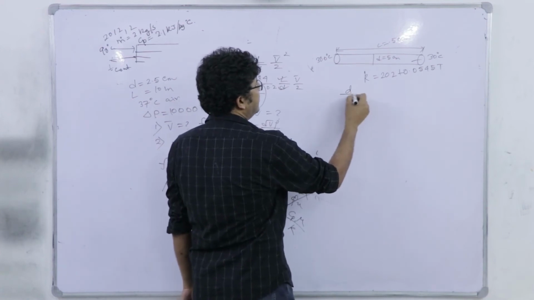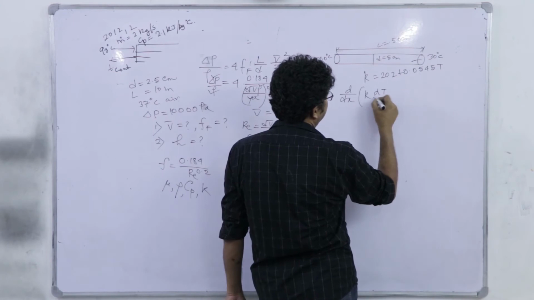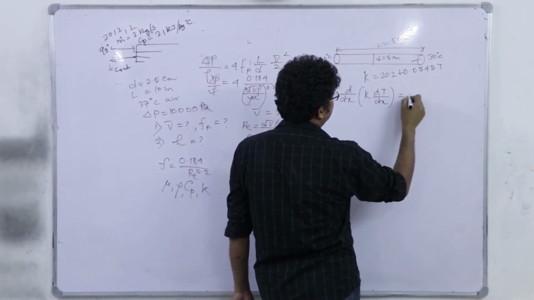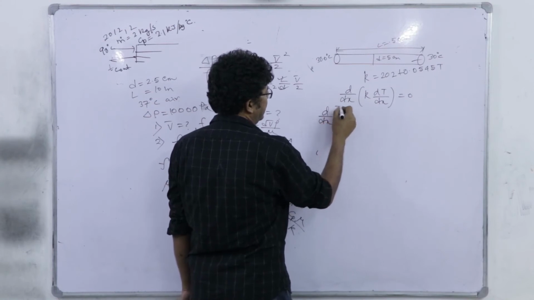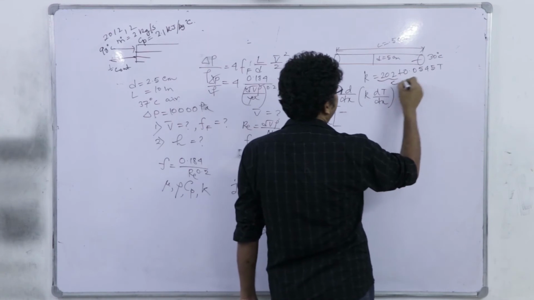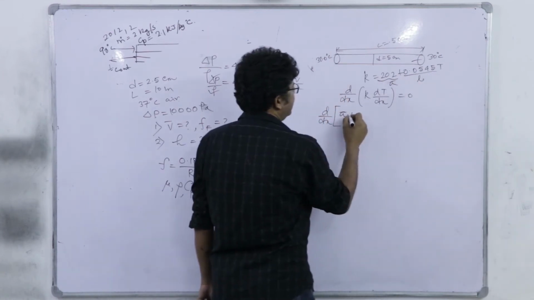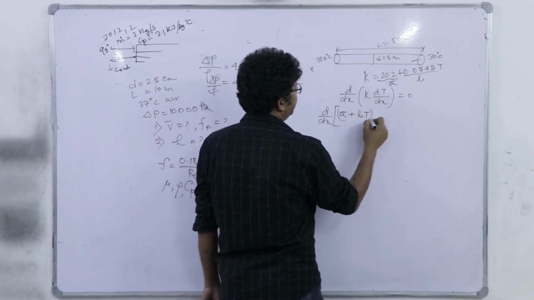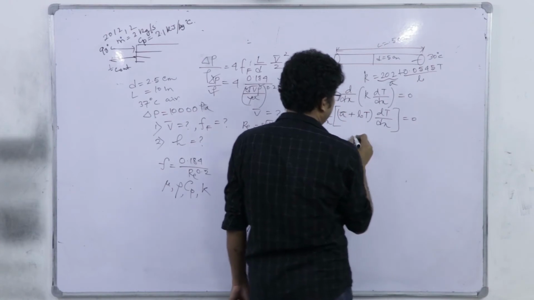So the equation here is d/dx of (k into dT/dx) equal to 0 for heterogeneous continuum. Let's say this is A and this is B, so (A plus BT) into dT/dx, differentiated, equal to 0.